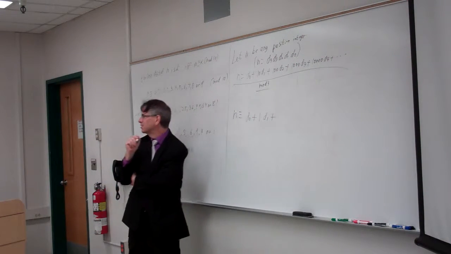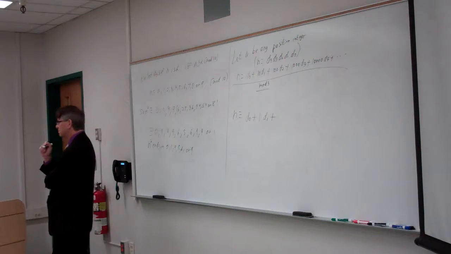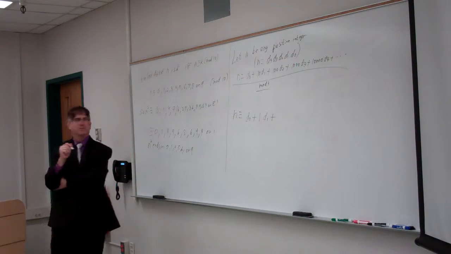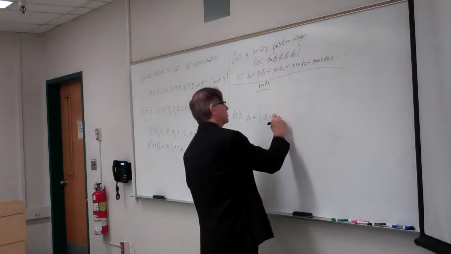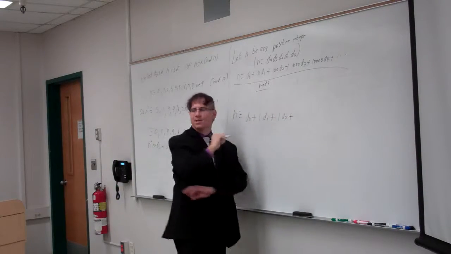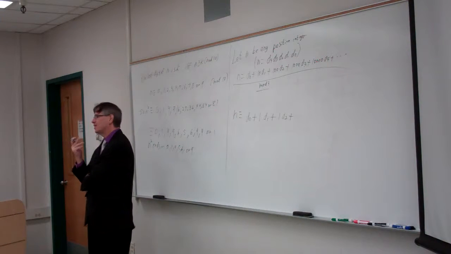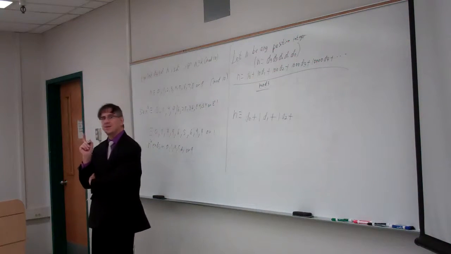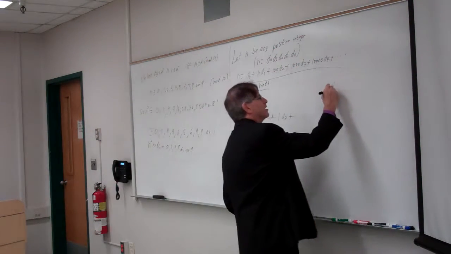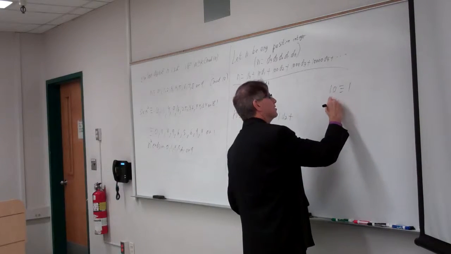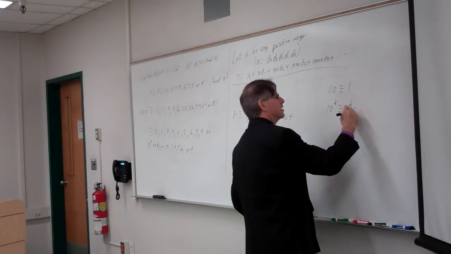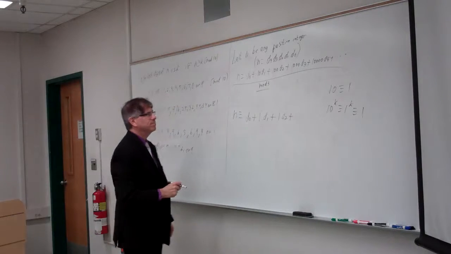What is 100 modulo 3? It's 1. It's 1 more than 99, so it's 1 times D2. What's 1,000 modulo 3? Right, what's 10 to any positive power modulo 3? It's going to be 1 because we know 10 is congruent to 1. So 10 to the k is congruent to 1 to the k, which is just 1.